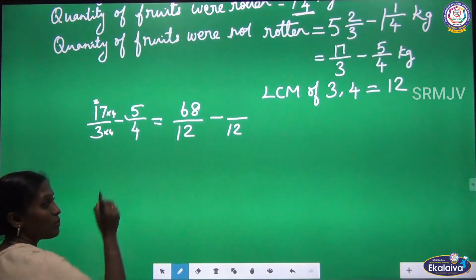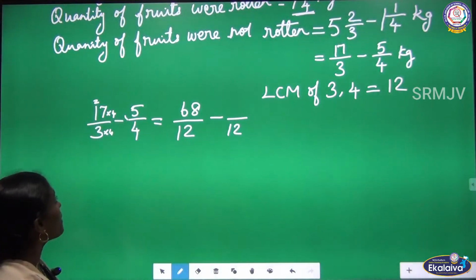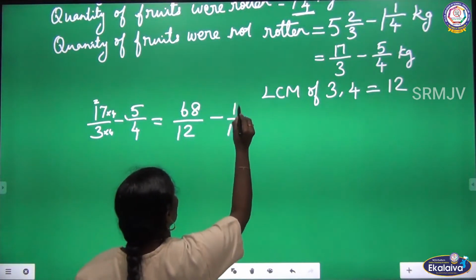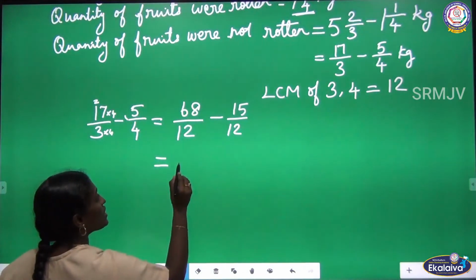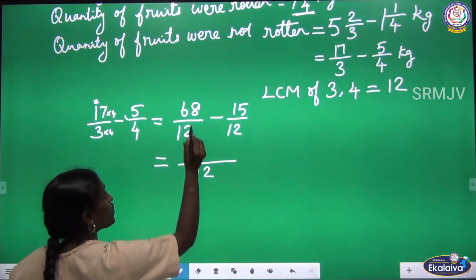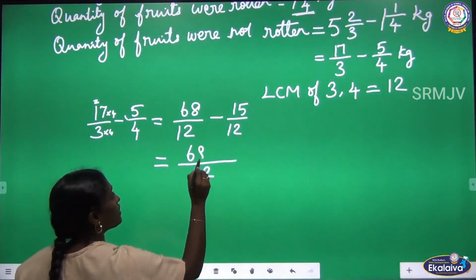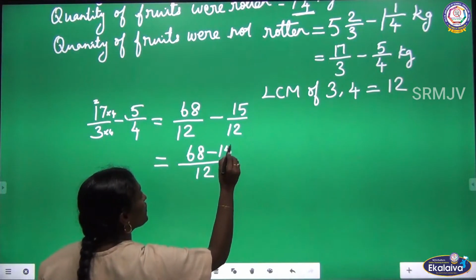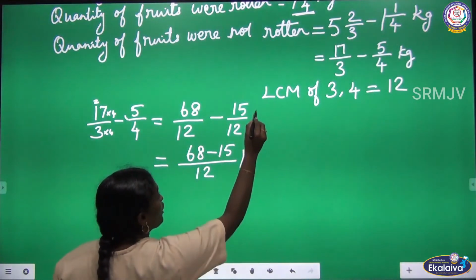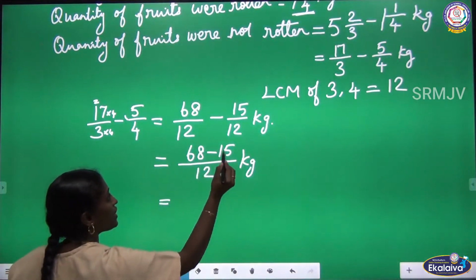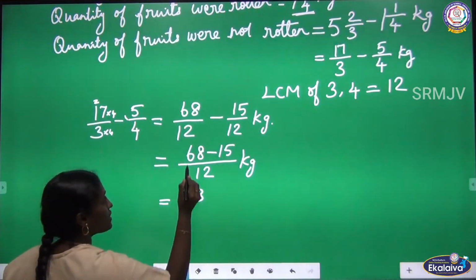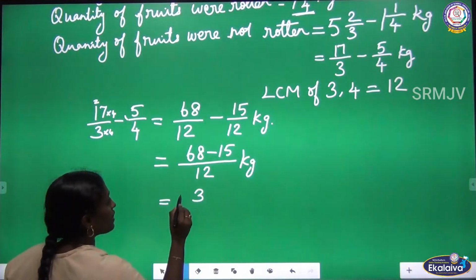So we have to multiply the numerator by the same number 3. 3 5s are 15. We will get 15/12. These two fractions are like fractions, so we can subtract the numerators. 68 minus 15 kilogram. Okay, 68 minus 15, 8 minus 5, that is 3, 6 minus 1, that is 5.